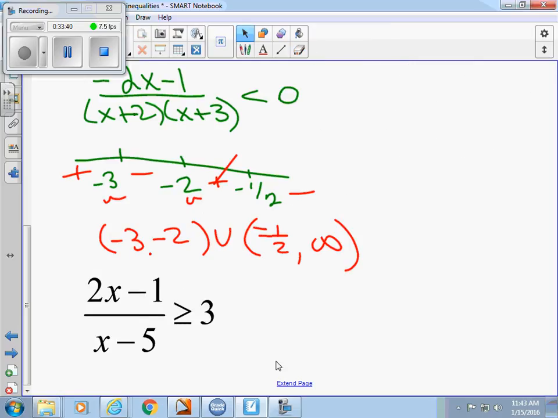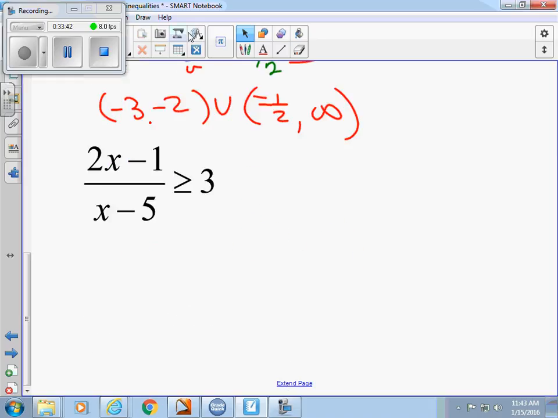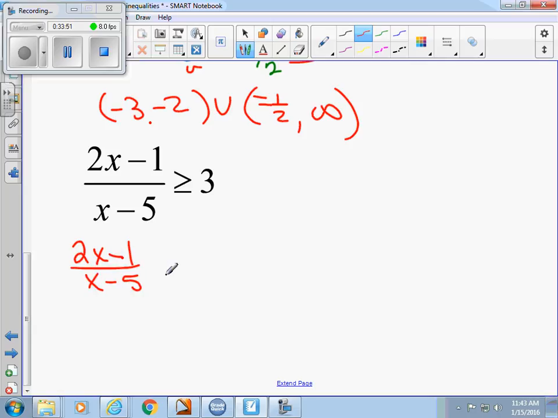Okay, I'm going to do the same thing on this one. I'm going to subtract the 3 over. I do need a common denominator, so I'm going to make this x. If nothing's on the bottom, it's a 1, right? So I need an x minus 5 multiplied by that 1.